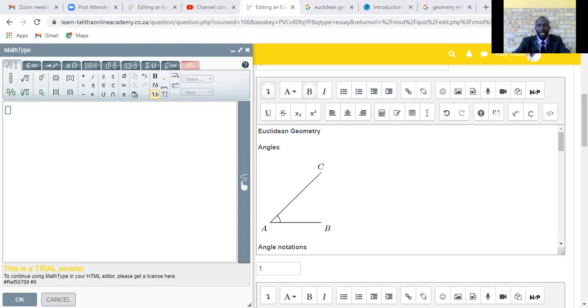Now, geometry is divided into two. Geometry is divided into Euclidean geometry and analytical geometry. In this section, we will be looking at Euclidean geometry. That is the geometry that we would like to look at. And now, what is Euclidean geometry? Well, as I indicated, geometry is divided into two.